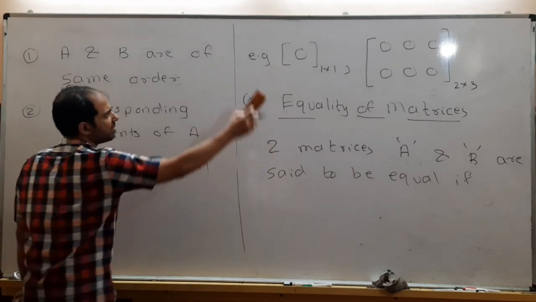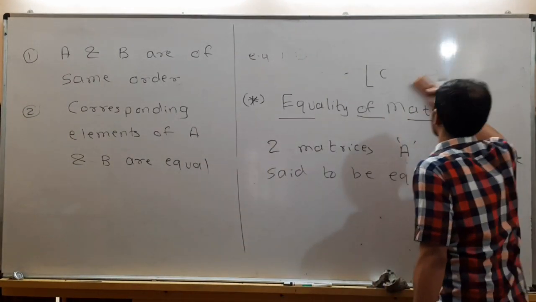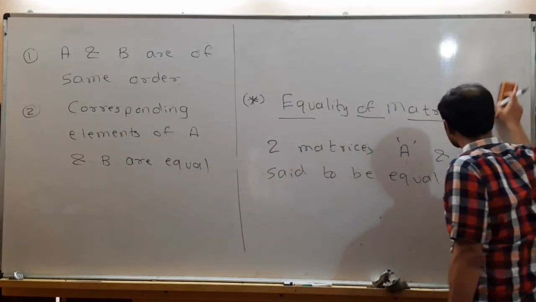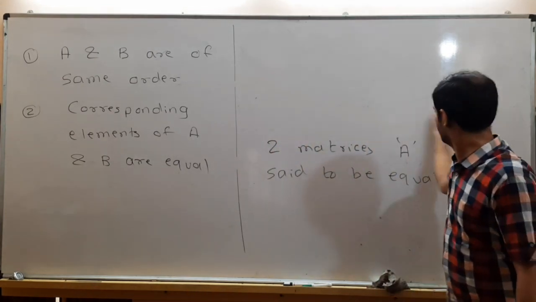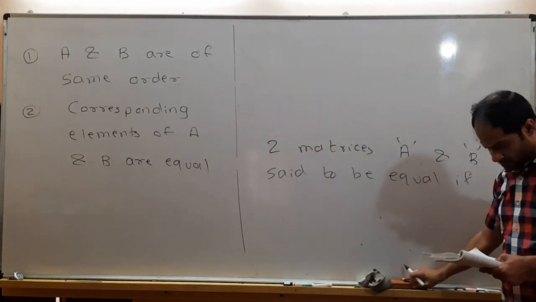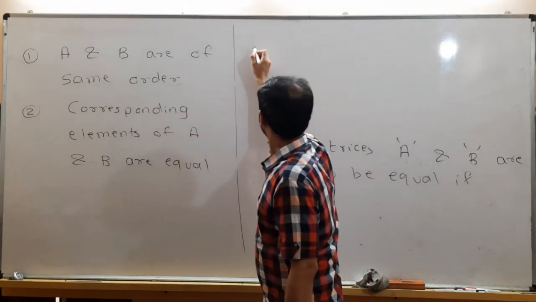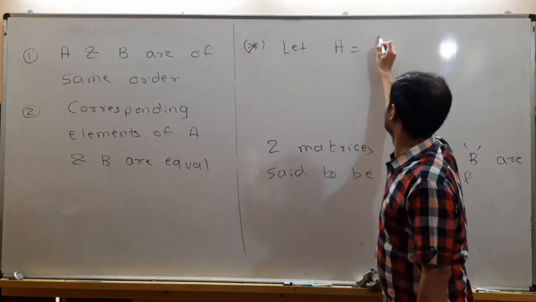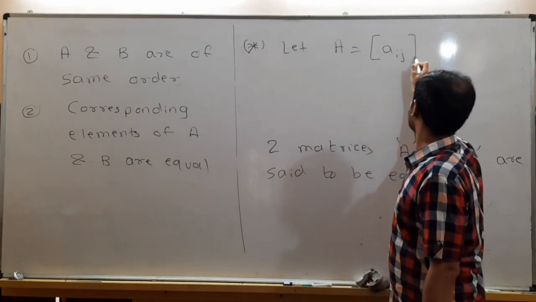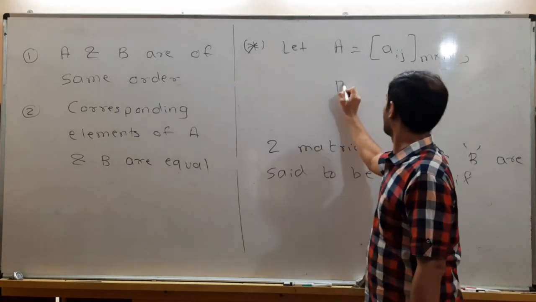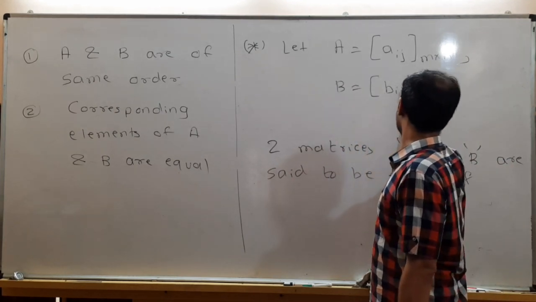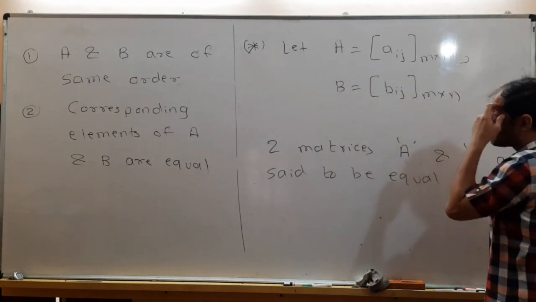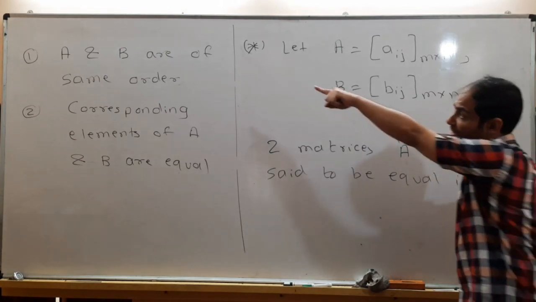Let me give you the mathematical form, meaning how they write it. Suppose two matrices A and B. Let A be equal to Aij of order m cross n, and B be equal to Bij of the order m cross n. Why am I taking two matrices of the same order? Because for matrices to be equal, they must be of the same order.